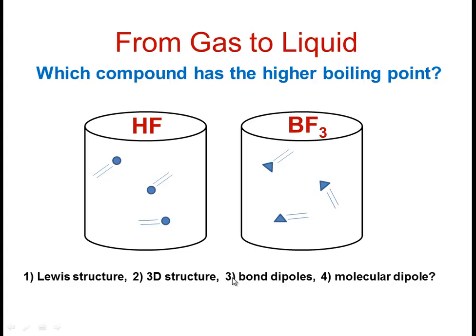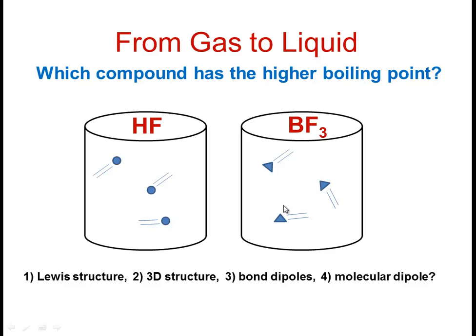Then, based on the electronegativity differences, we can assign bond dipoles, and between the bond dipoles and the 3D structure, we can determine whether they have molecular dipoles. And if one does and one doesn't, that will give us a very good clue as to which one has the higher boiling point. This is one strategy we can follow.